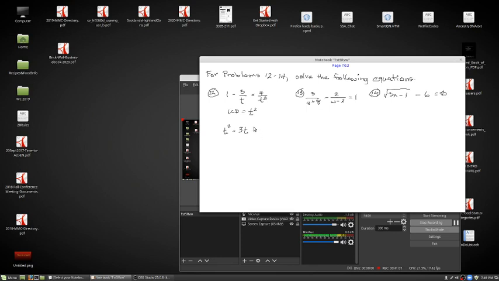And then on the other side, we just lose the denominator. So if we bring everything over to the same side, we get t squared minus 3t minus 4 is 0. This factors into t minus 4 times t plus 1.